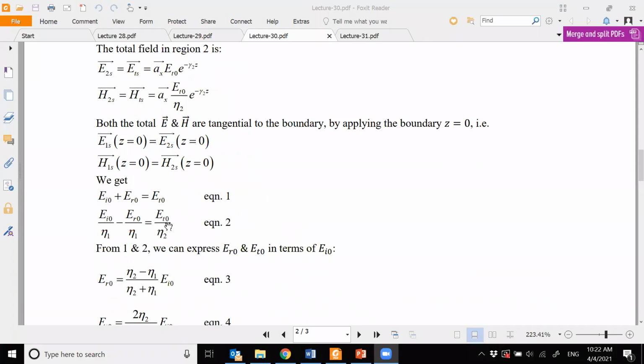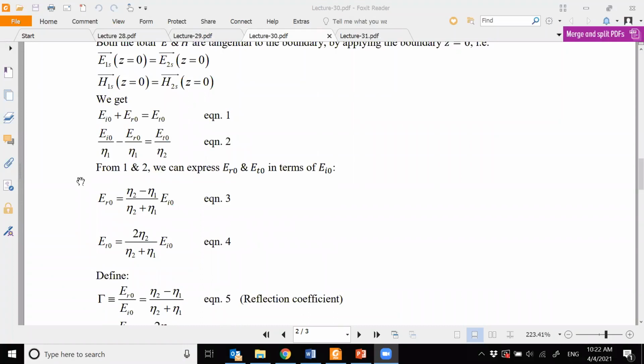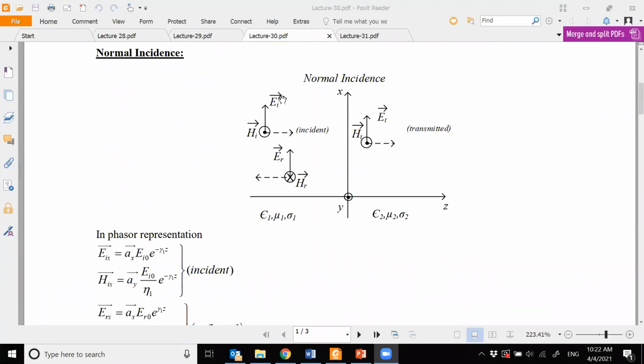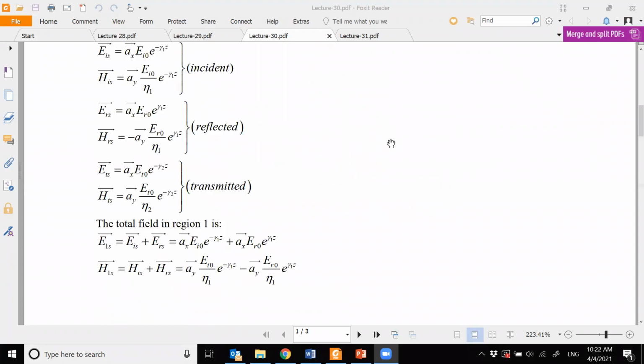This is when applying the boundary condition for the magnetic field. And now with these two equations, we can find the relationship, because the incident electric field is known to us. That means the incident electric field amplitude and the incident magnetic field amplitude are known. Now we can find the reflected and transmitted amplitudes.